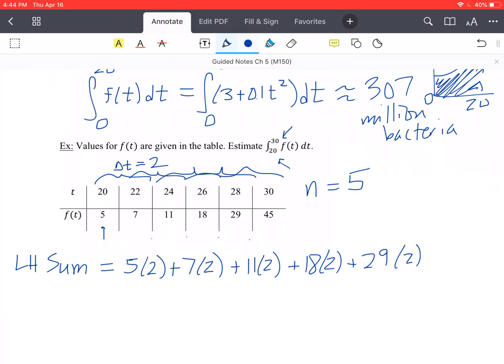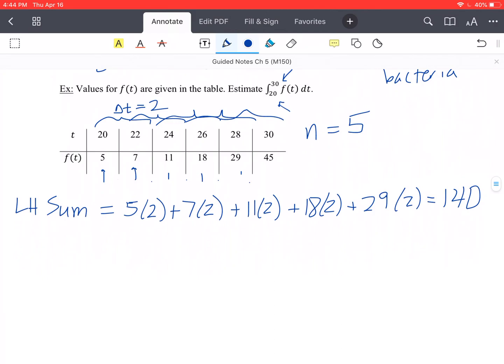We're not going to use the last one because we're only using the left-hand side of each interval. This is going to give us 140.